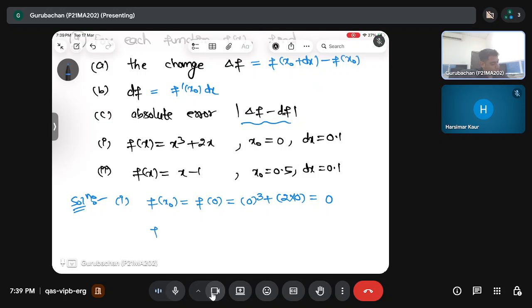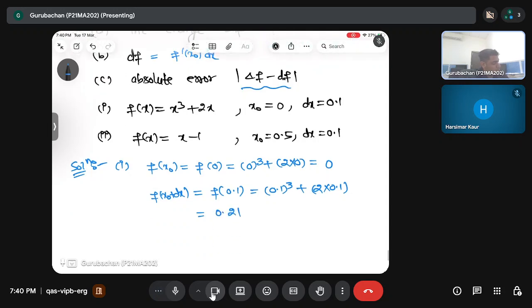So f at x naught plus dx is f at 0.1, which is 0.1 cube plus 2 into 0.1. When we solve this we get 0.21. So del f is f at 0.1 minus f at 0, which is exactly 0.21.